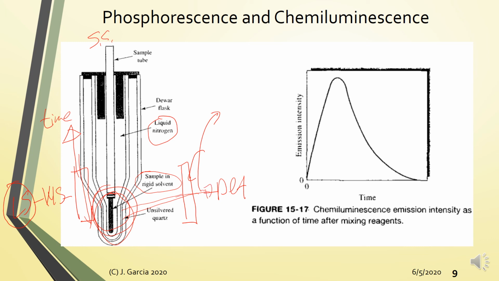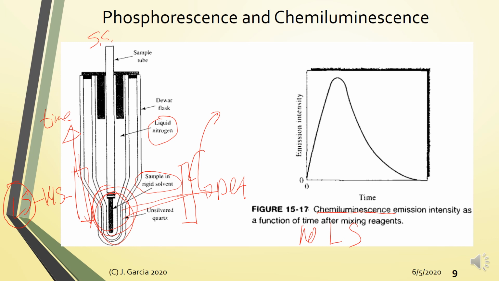Now for chemiluminescence, again, there is no light source needed. All you need to do is mix the analyte with a certain chemical that will induce a light producing reaction. An example of which would be luminol, if you're familiar with luminol, or even in nature, the reaction of luciferin with the luciferase enzyme.